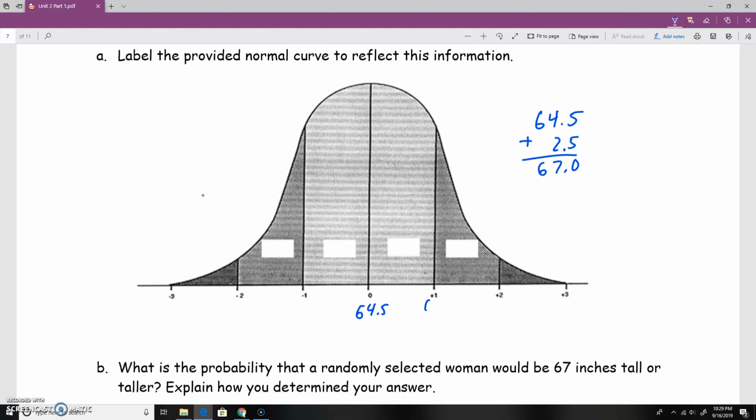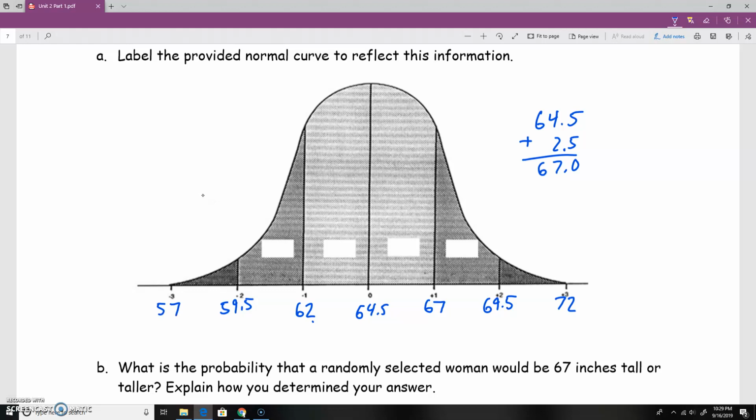So one standard deviation in this direction should be the value of 67. I'm going to add 2.5 again, and that gives me 2 standard deviations away. If I add 2.5 again, that gives me the number for 3 standard deviations away. And now I'm going to subtract 64.5 minus 2.5. It's going to give me a value of 62. Subtract 2.5 again, I get 59.5. Subtract 2.5 again, and I get 57.